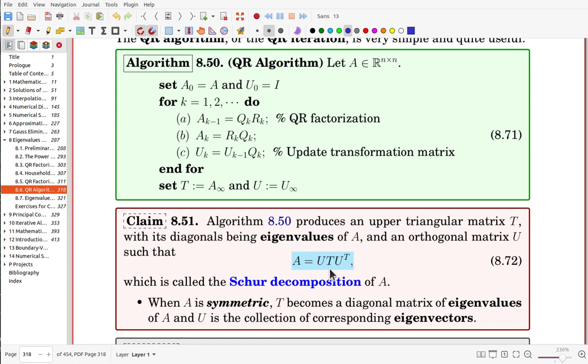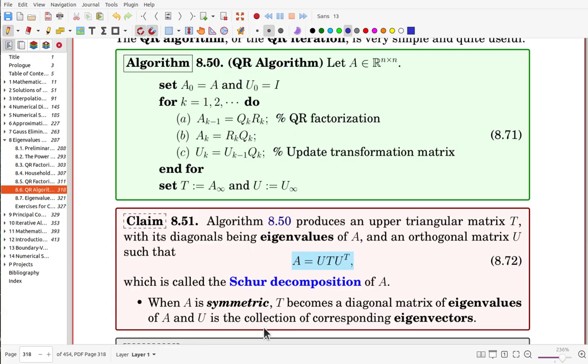When A is symmetric, then T must be symmetric, but T is an upper triangular matrix, which means T must be a diagonal matrix. Of course, the entries are eigenvalues of A. In this case, U is the collection of corresponding eigenvectors.